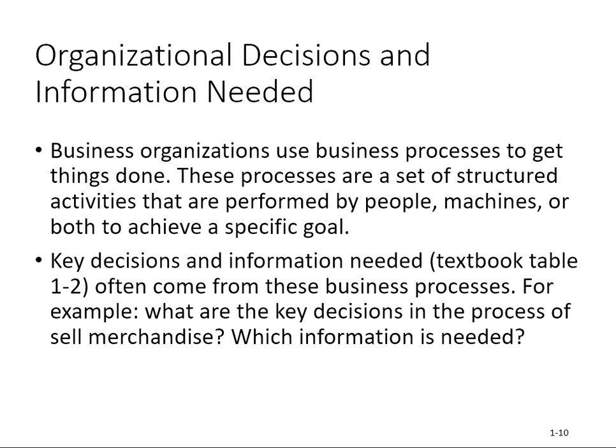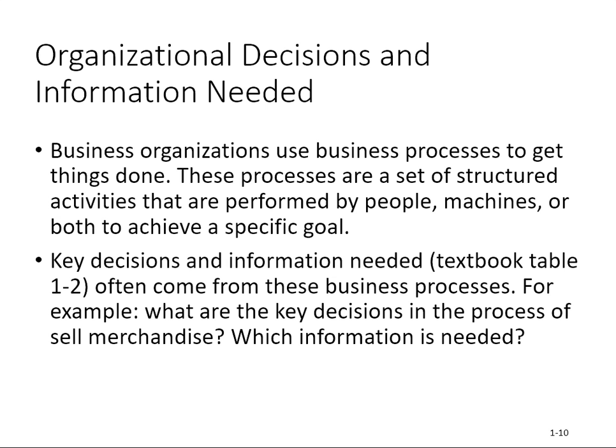So the textbook lists the key decisions and the information needed. That is in table 1-2. For example, what are the key decisions in the process of selling merchandises?